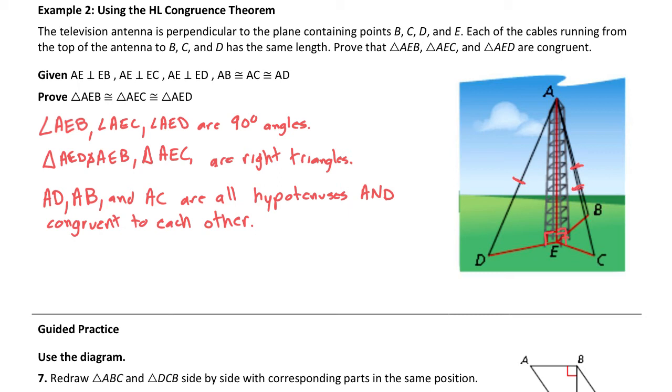So the other thing we need to do is prove that a leg of each of the triangles is congruent. So if we look at it, all of these triangles share a leg. They all share this leg, and I'm going to highlight in blue. They all share this leg, AE. Okay?